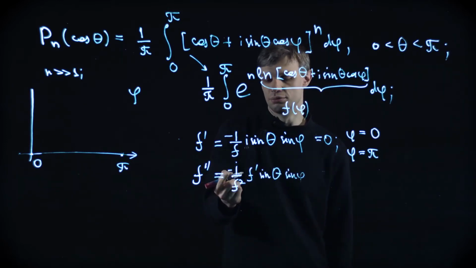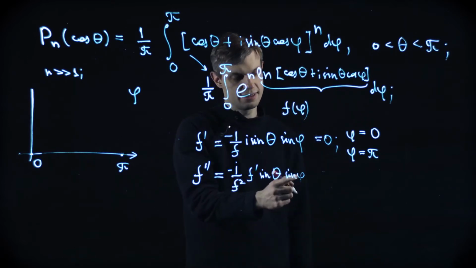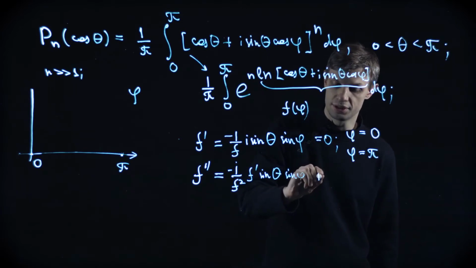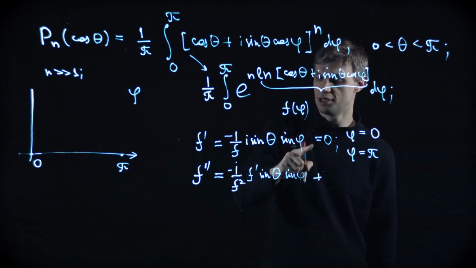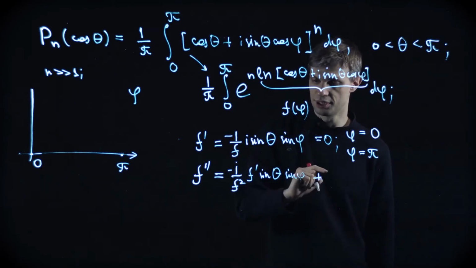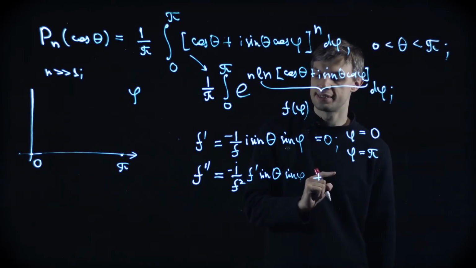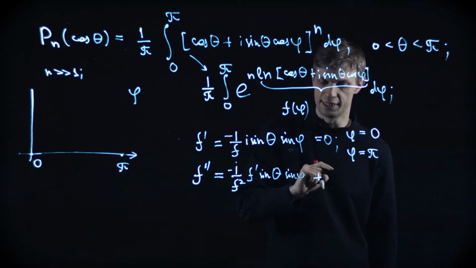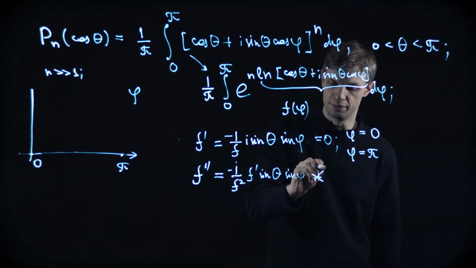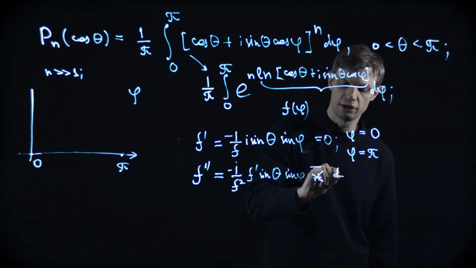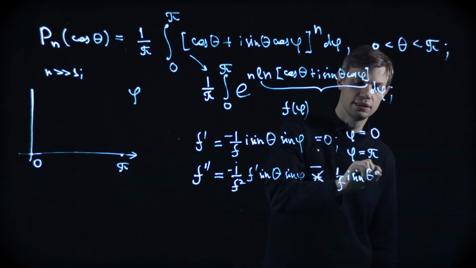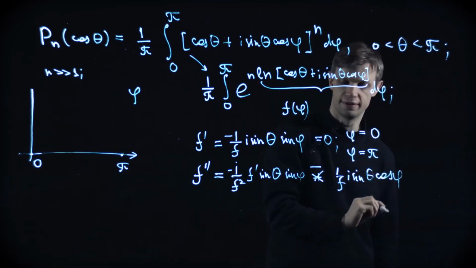This thing is 0, because sine phi is 0 and f prime is 0, so it's irrelevant. But there is an additional term coming from the differentiation of the numerator of this expression. This will give us a term proportional to cosine phi with a negative sign. Sorry about the sign, it should be minus here: 1 over f, i sine theta cosine phi.